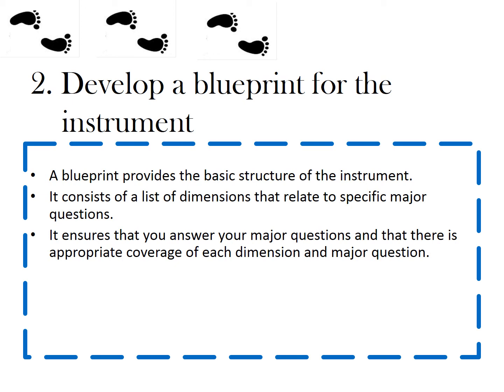Through the development of a blueprint, you can also shorten your data collection instrument, simply by removing items that do not relate to your major needs assessment questions. For example, sometimes you may want to include certain items on your surveys or interview guides, but find out after the fact that you did not need to include them as they do not assist you in answering your specific major needs assessment questions.